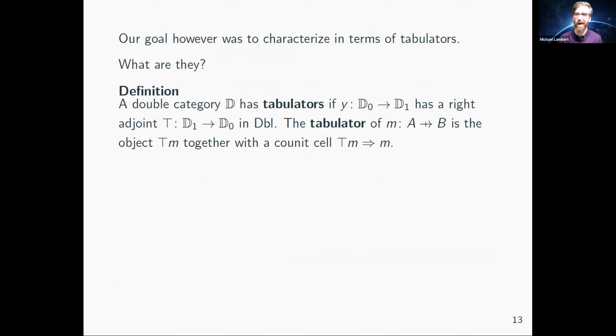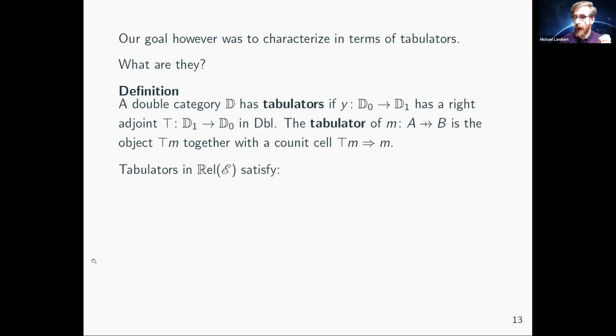In particular, though, you might just want to talk about the tabulator of a pro arrow. Well, it's a special apex object with a cell from the identity on the apex object, satisfying universal properties coming along with the adjunction.